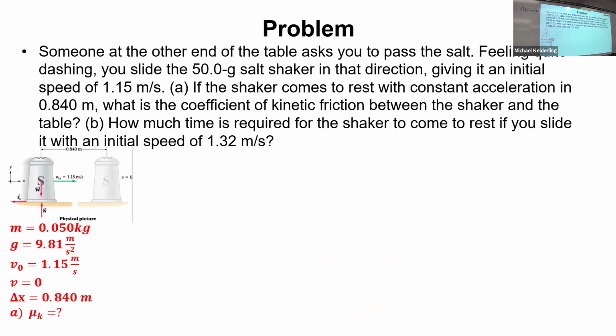We want to find mu kinetic. To find mu kinetic, we're going to need to know the normal force, the kinetic friction, and the acceleration. So we'll find the acceleration, then the kinetic friction force, then the normal force, then mu kinetic.